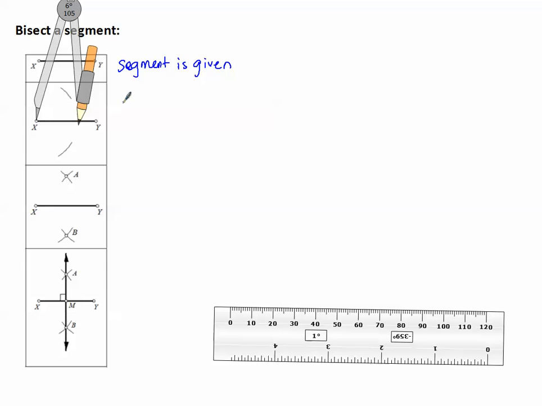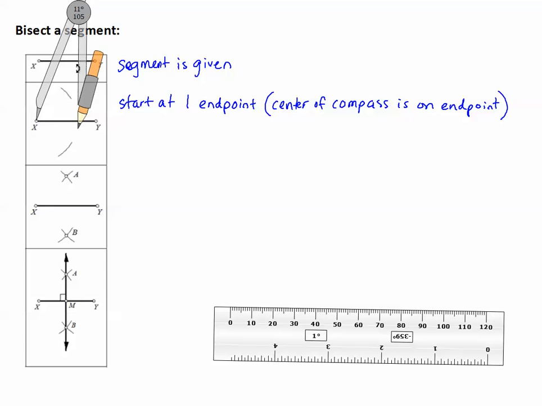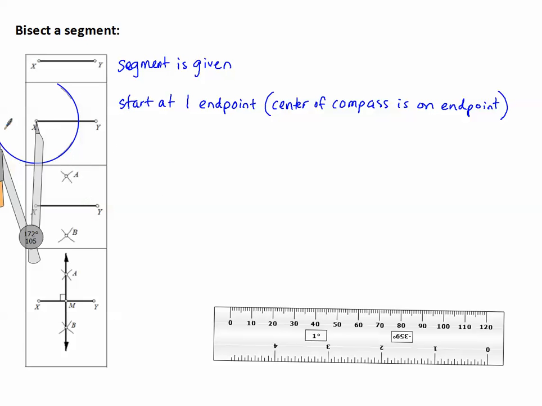So let's take note of what we're doing. Let's start at one endpoint. And what does it mean to start at one endpoint? It means the center of the compass, or the pointy part, is on an endpoint. From there, we can either draw an arc in two places, like you see on your notes, or if we prefer, we can draw an entire circle.